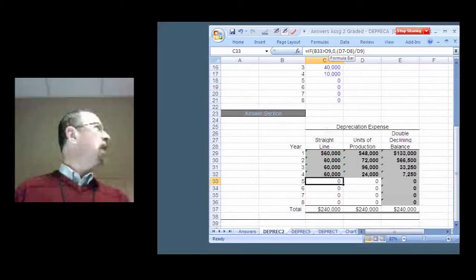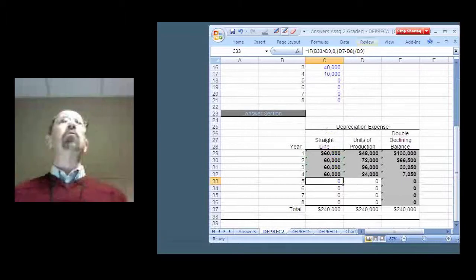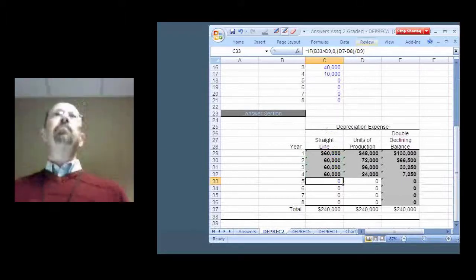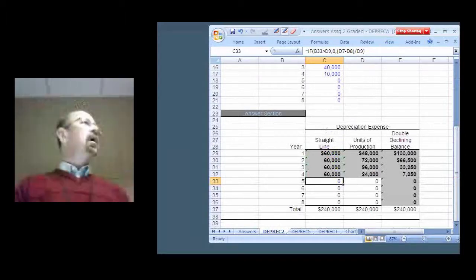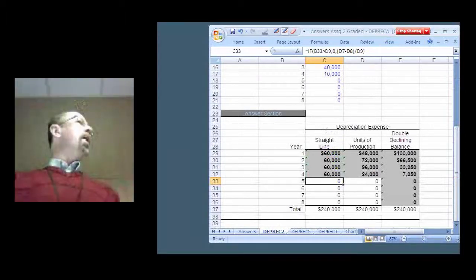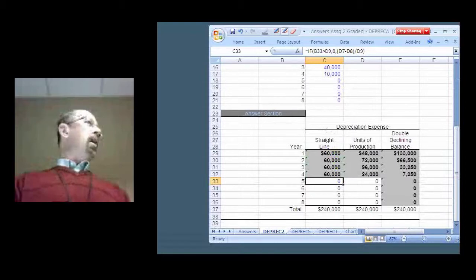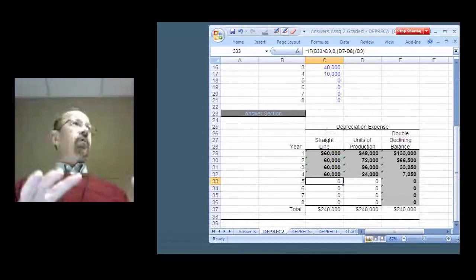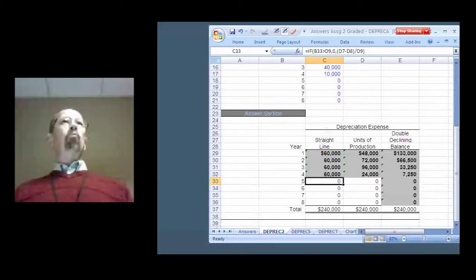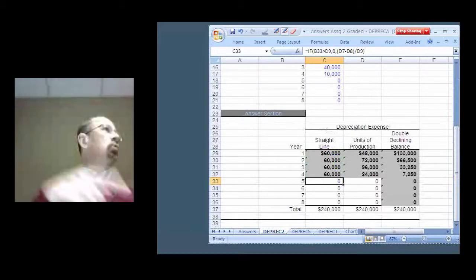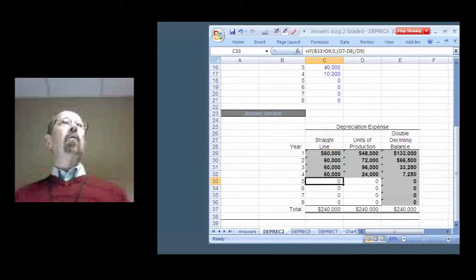Now you could say greater than or equals to in some cases. To me, this is a pretty basic and simple if statement. This one I'm going to require you to do in the graded assignment that you're going to be doing for this week, which will be due by next Sunday. Okay?